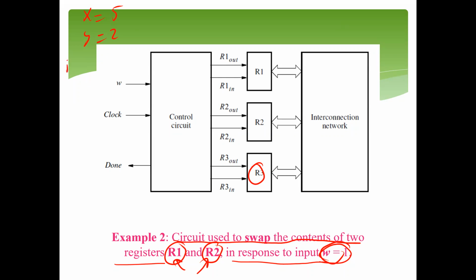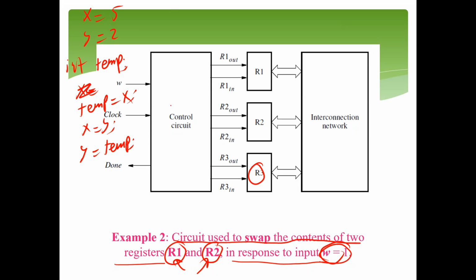Now how to do it in Java, you're going to create an integer temp. I'm sure you did this before. You need to create an integer temp, and then temp is equal to x, and then x equal to y, and then y equal to temp.